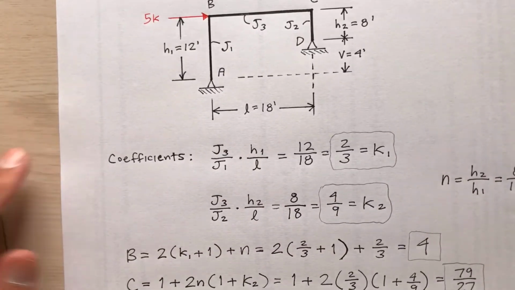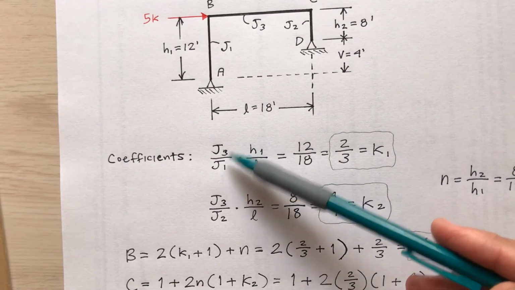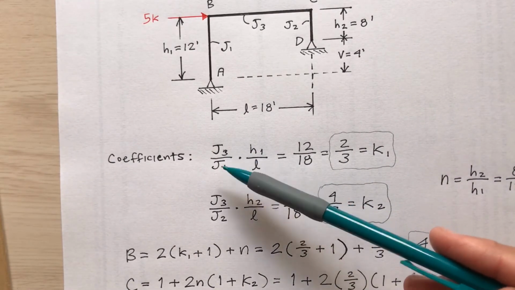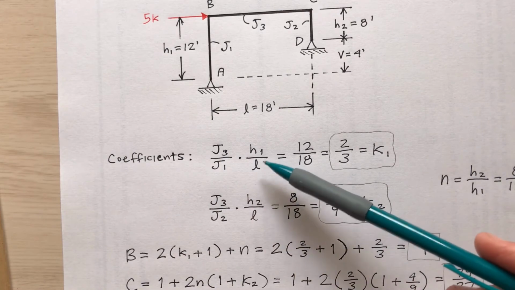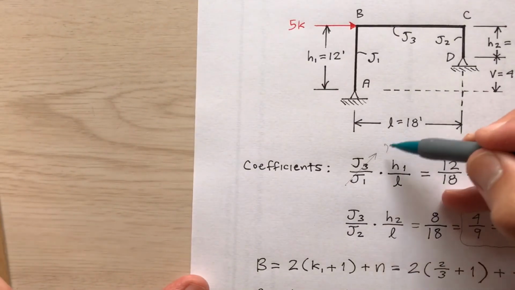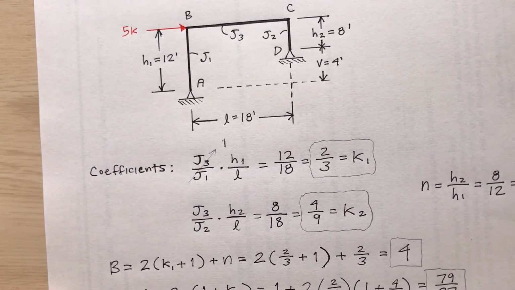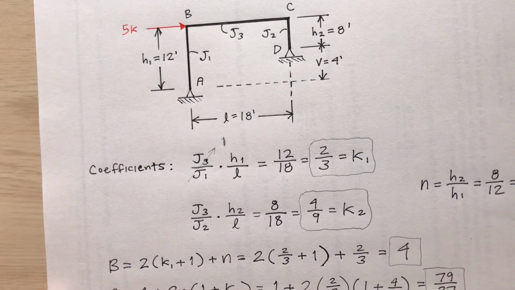So I calculate those coefficients. K sub 1 has the ratio of the moments of inertia, which will be 1 in this case because the moments of inertia are the same. So this part just goes to 1, and I just have h sub 1 over L, so that's 12 over 18. K sub 1 is 2/3.